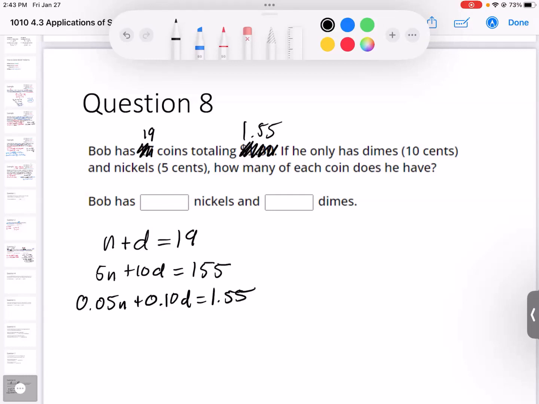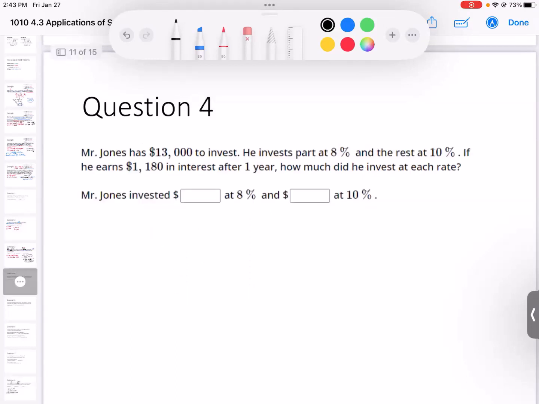Yeah, which number? Okay. What are your numbers? Okay. And then what's your interest?